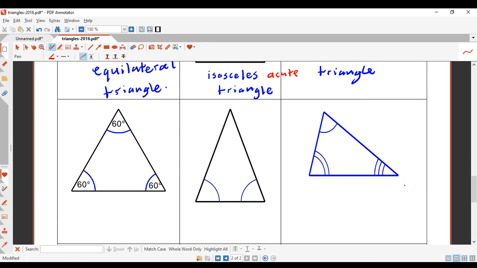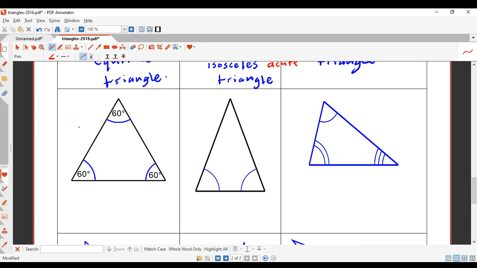Let's have a look at this one. Now this has got 3 equal angles of 60, so we're going to call this an equilateral triangle. Now here we've got the same picture as before basically, but we've got 2 equal angles here.